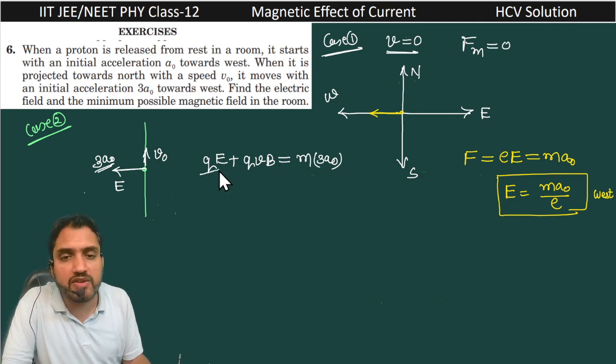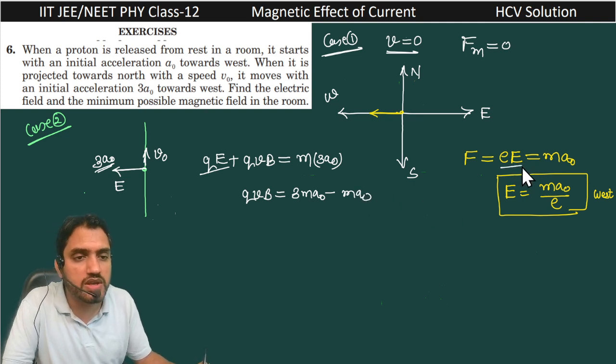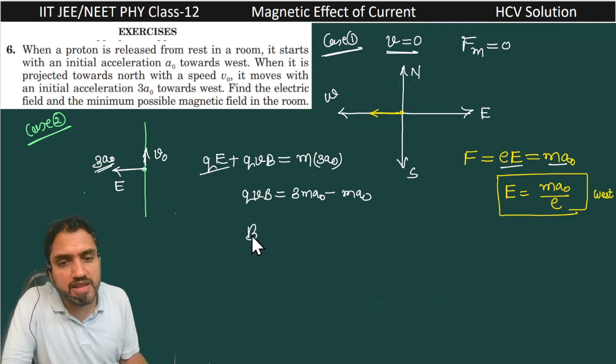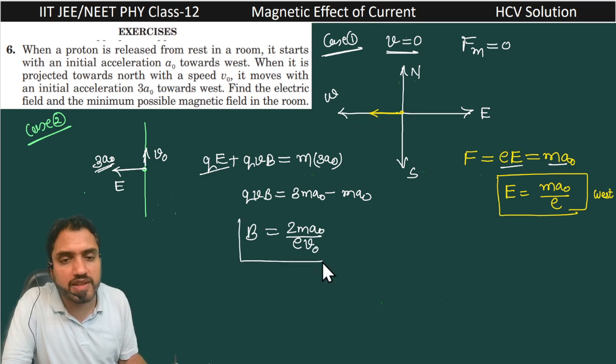If you put the value of qE, that is ma naught, you will get qvB is equal to 3ma naught minus ma naught. Now this B can be written as 2ma naught divided by q into v naught. That is the value of the magnetic field.